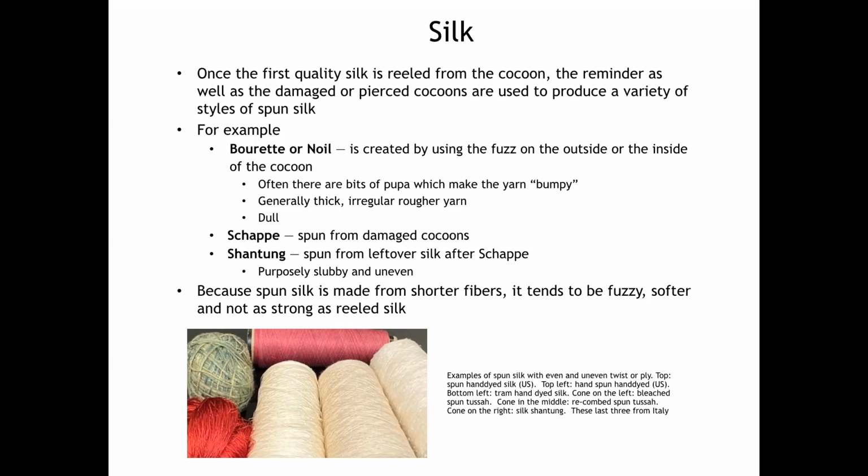Then you have a type called chappe, which is spun primarily from damaged cocoons. And whatever is left over after that is done, you have shantung. And a lot of the shantung that you see here, the three white cones, for instance, is shantung. They're all very slubby. They're designed to provide texture in the yarn itself.